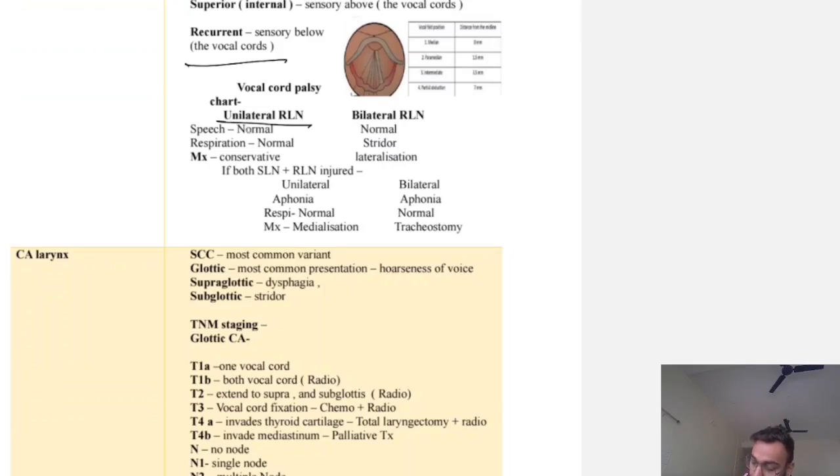In unilateral recurrent laryngeal nerve palsy, it supplies all the abductors and adductors except cricothyroid muscle. So patient will present with hoarseness of voice, weak cough, mild aspiration.